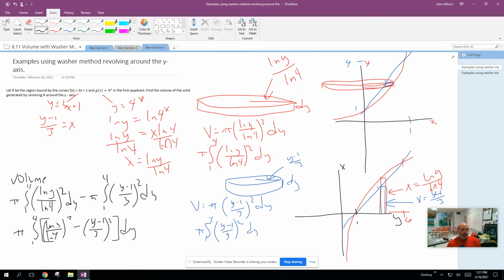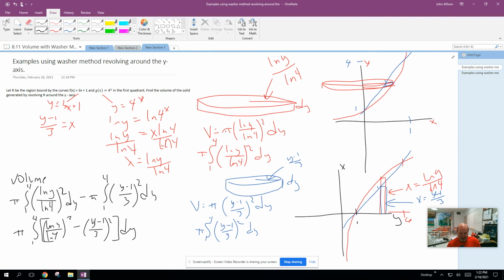Now, that's my first integral minus my second integral, which is going to be math 9, 1 to 4, and that's going to be the y minus 1. I'm going to put the whole thing in parentheses, a fraction.